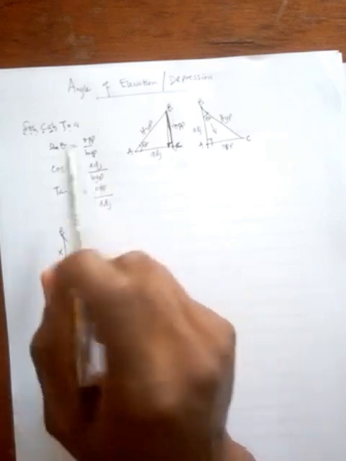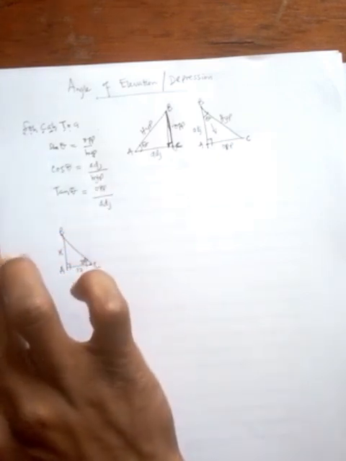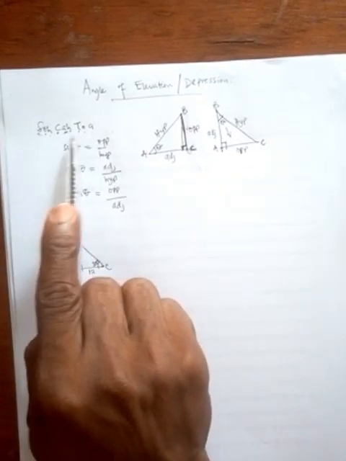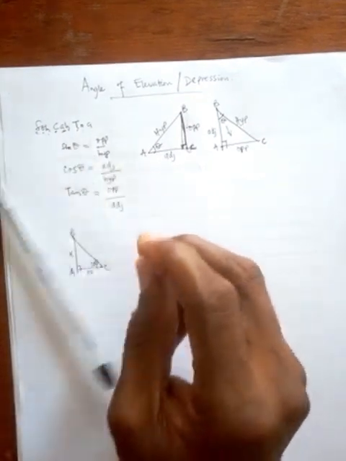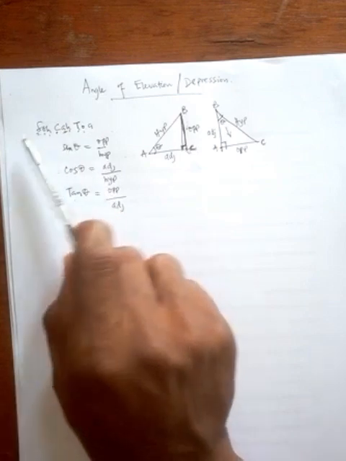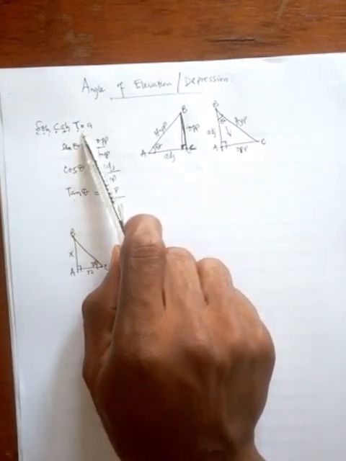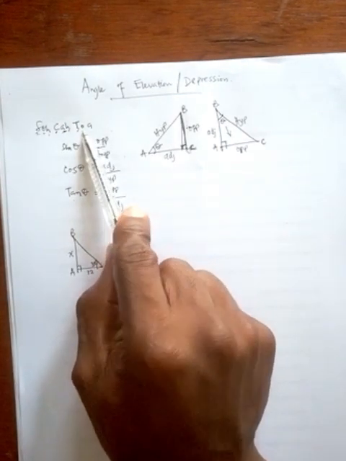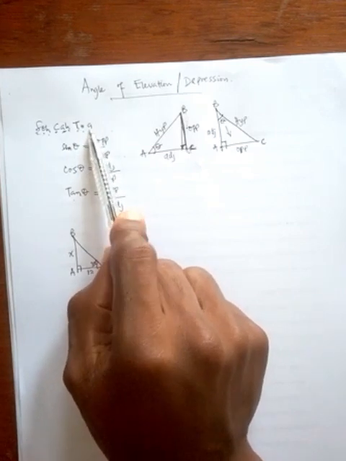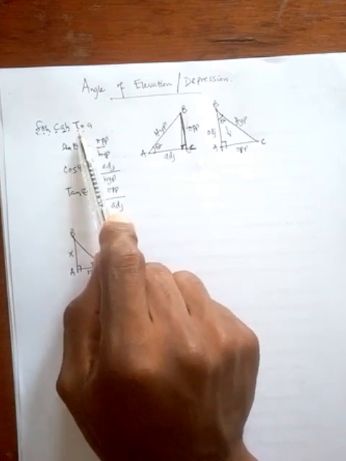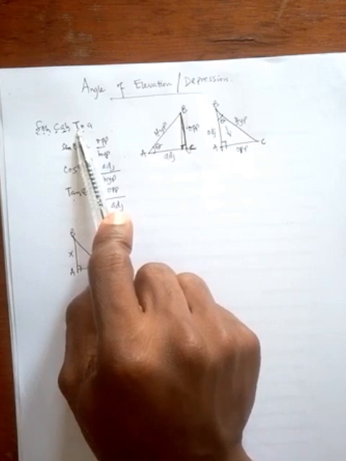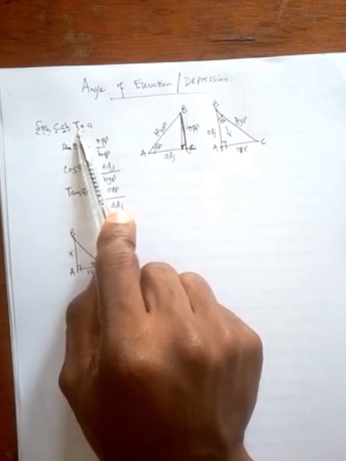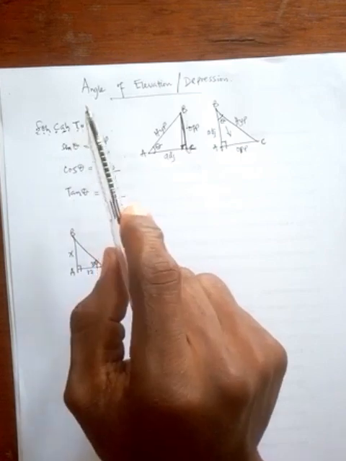Going through our SohCahToa, opposite and adjacent appears here. So it means we will use our tangent to solve.